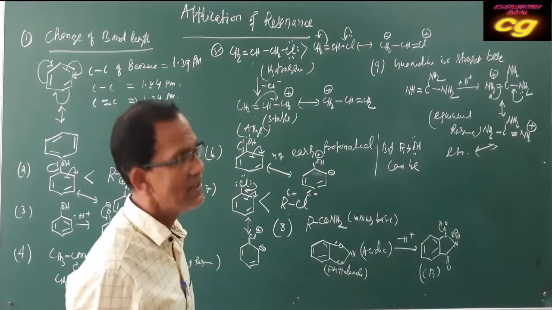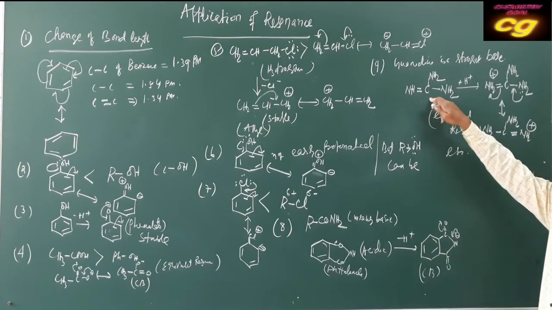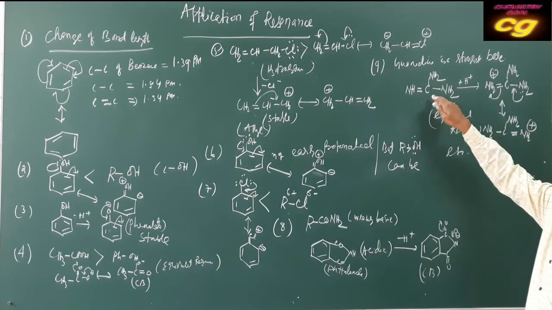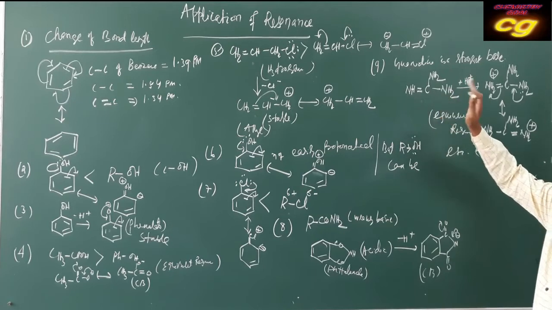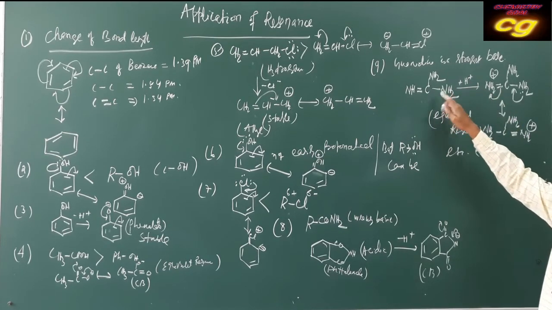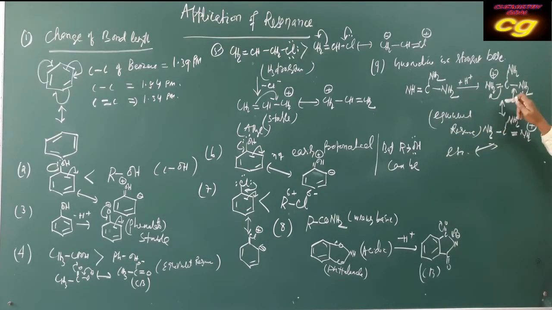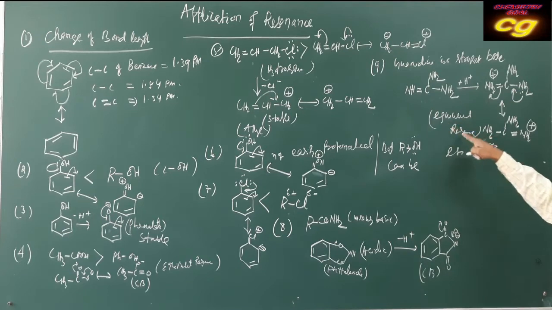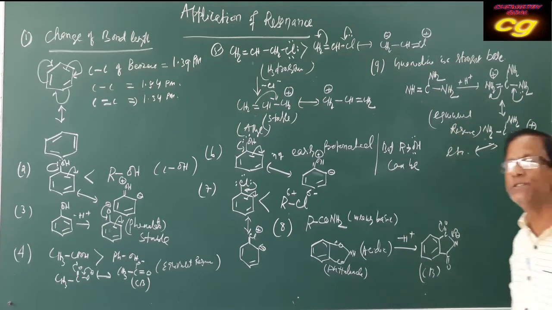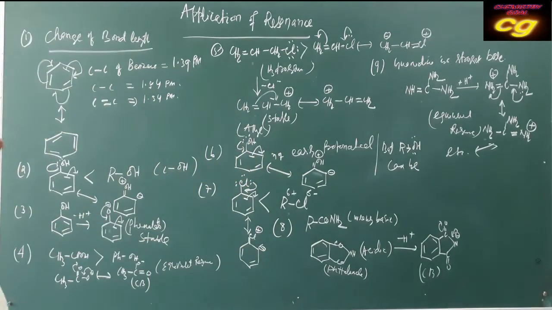That's why guanidine is a very strong base, highly basic in character, because the guanidinium ion, formed after guanidine accepts H plus, is stabilized by resonance. As it has equivalent resonance structures, it is highly stable. That's why guanidine acts as a very strong base.